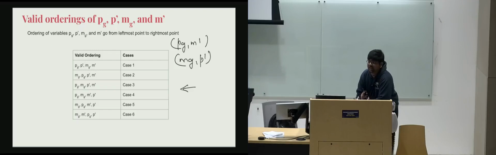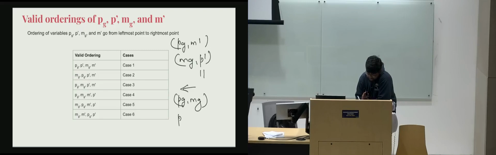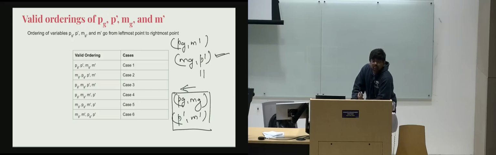This is what is there in the OS. And we need to prove that PG, MG is our greedy choice. If you make a choice like this, then we will have to make another choice like P prime and M prime. And we need to show this solution is actually better than this one. How would you go and do it?